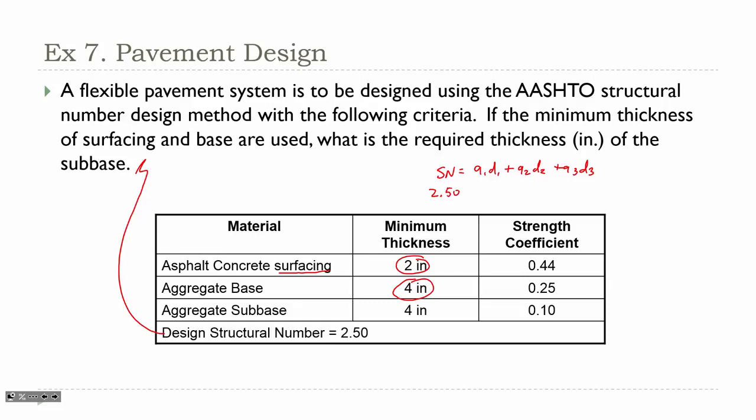Based on the traffic load and the conditions, we need 2.5. So then we've got our strength coefficients: 0.44 times 2 plus 0.25 times 4 plus 0.10 times D3.